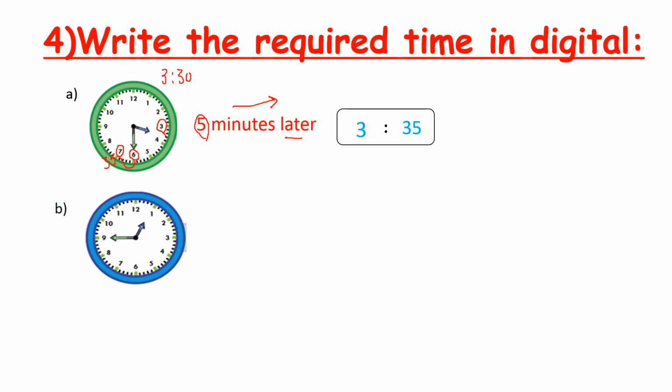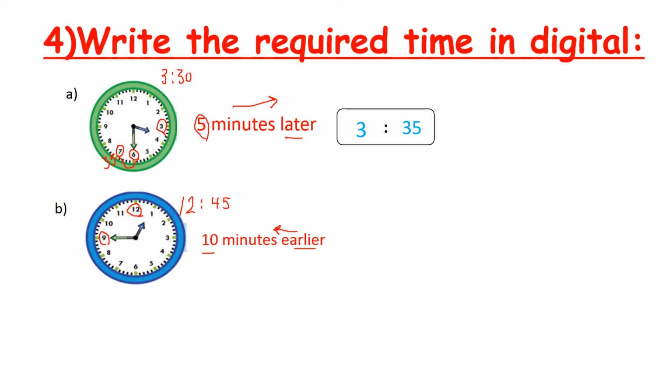Here the time is between 12 and 1, so it's the exception. So we're gonna take the smaller, it's 12 here, so it will be 12 and the long hand at 9. So when it's at 9, it's 45 minutes. So he wants 10 minutes earlier, so we're going backwards.